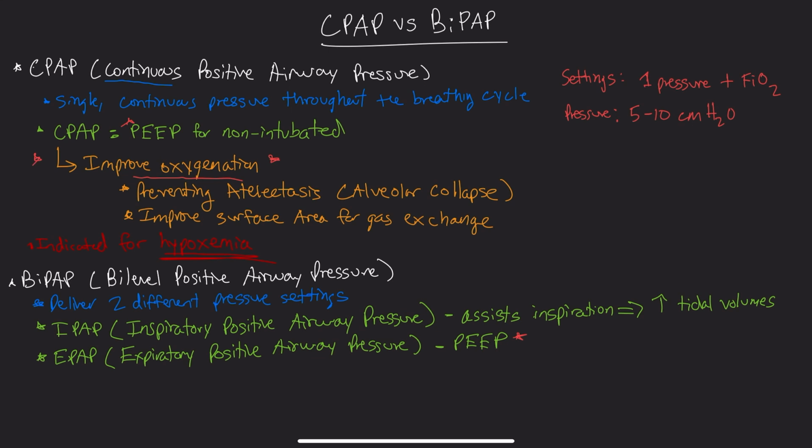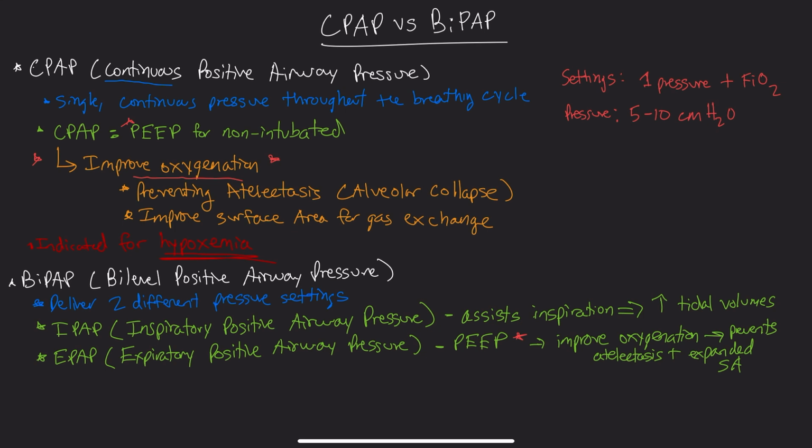PEEP is going to, once again, improve oxygenation the exact same way, right? Keeping the alveoli open, expanding the surface area for gas exchange. It's going to improve oxygenation that way. So once again, it prevents atelectasis plus expands surface area for gas exchange.